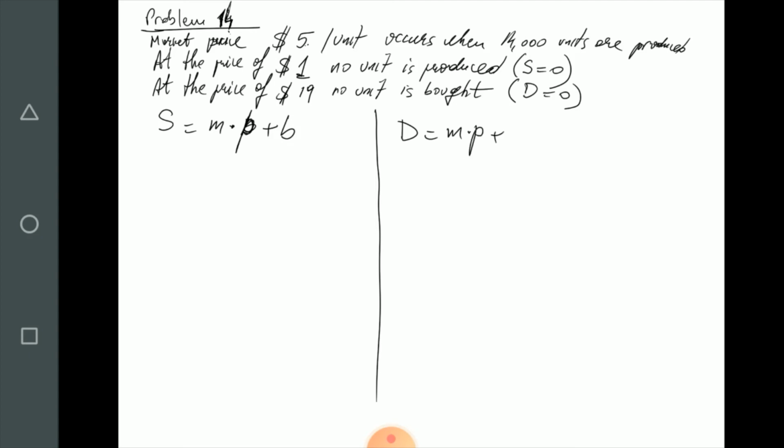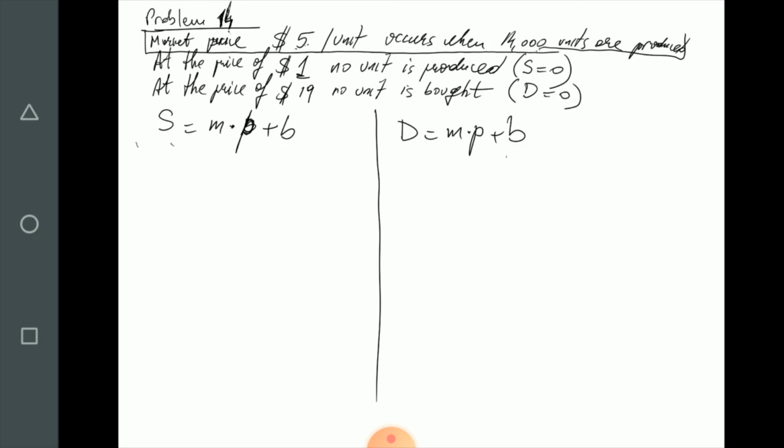Because to find the equation of the supply and the demand is basically to find the linear equation which represents each. For any line, you need 2 points. The market price, remember, is the intersection point, and so this happens on both the supply and the demand. So this value 5 for price and 14,000 for the items is true for both equations.